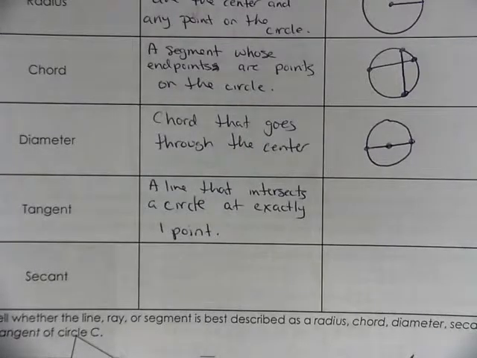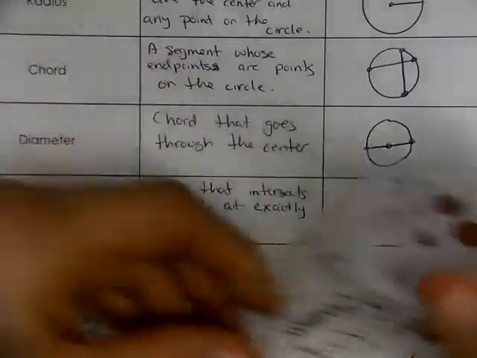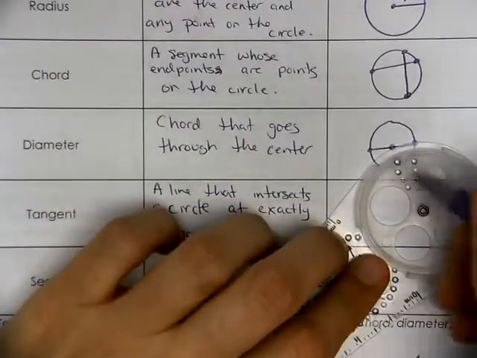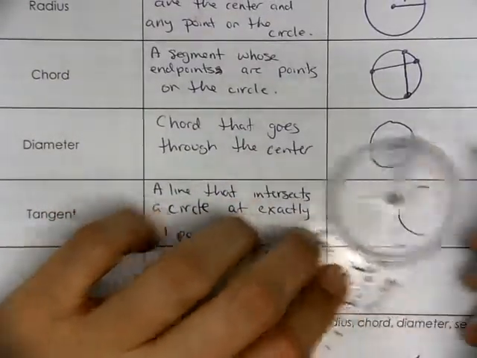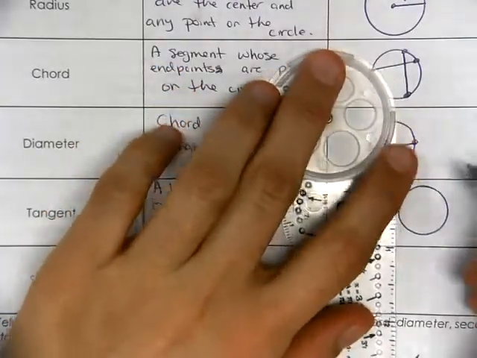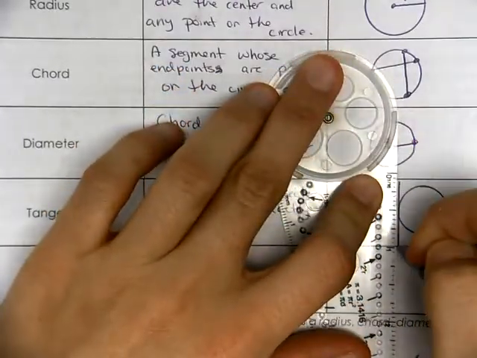You know how people say they go off on a tangent? It's because they start at one place and then they veer. That's kind of like what a tangent does to a circle. It's a line that touches the circle at just one point.